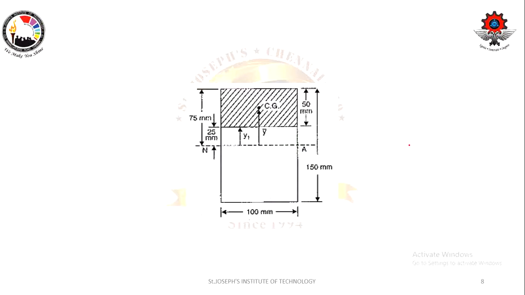The I section beam is slightly more complicated, which will be easy to understand if you know this particular section. This will give you an essence of knowledge when you go and solve an I section beam, right?